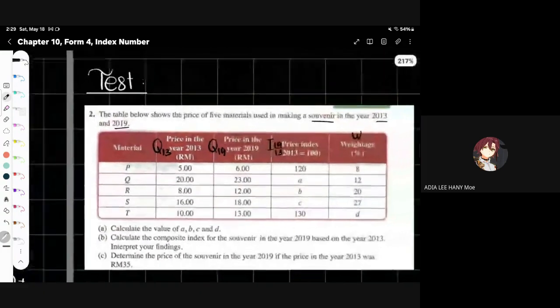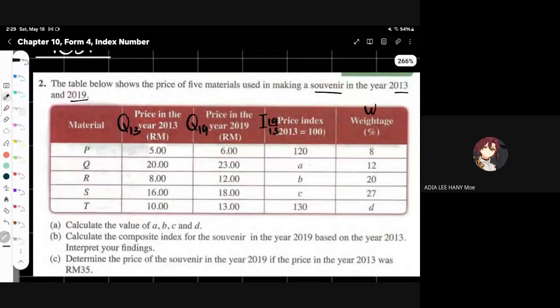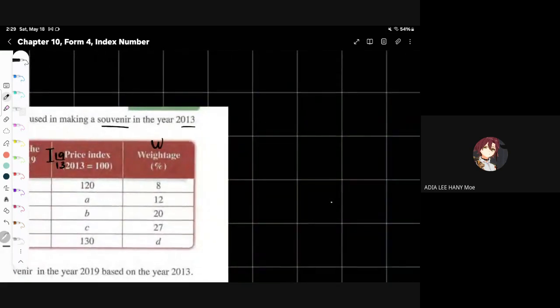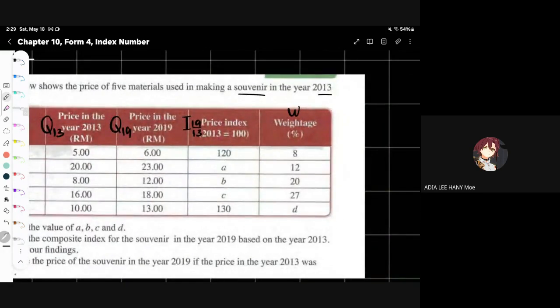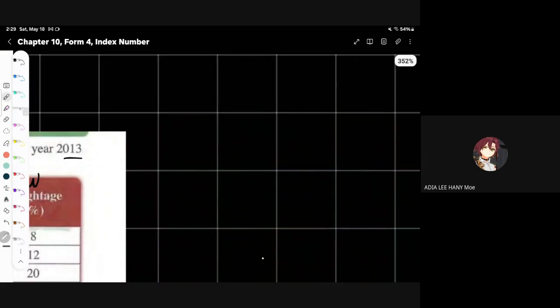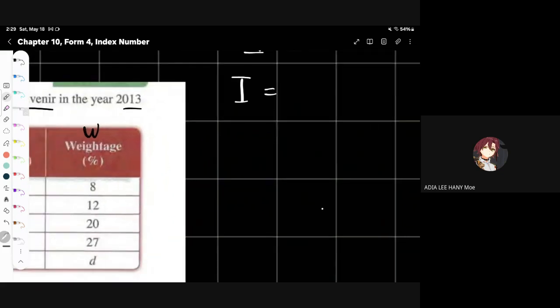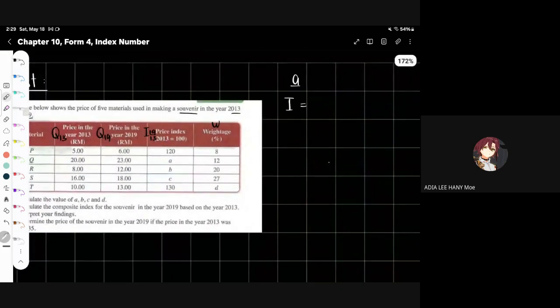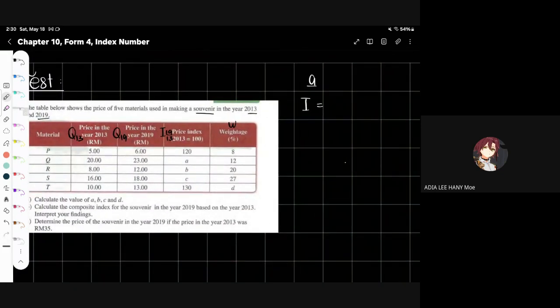So look here. We already got the formula actually, right? For A, let's do one by one. A is involved in I, right? So A should be I. Sorry, my tablet is lagging. So A, I'm just going to zoom out. It's fine, right? So it should be this and this, the one that is involved in the equation.